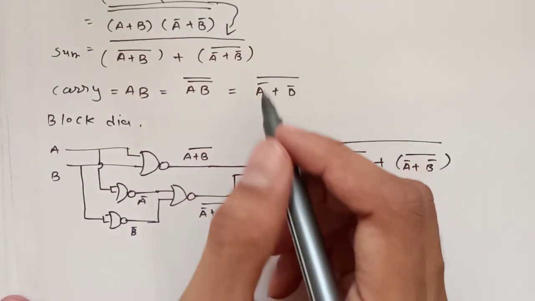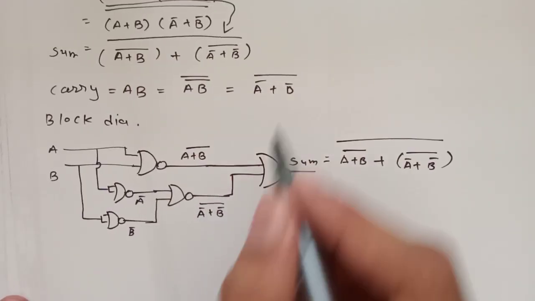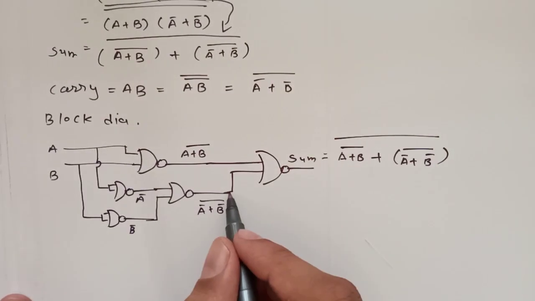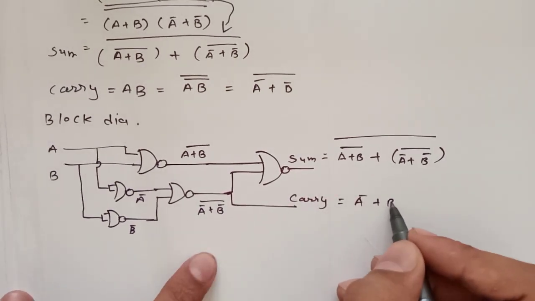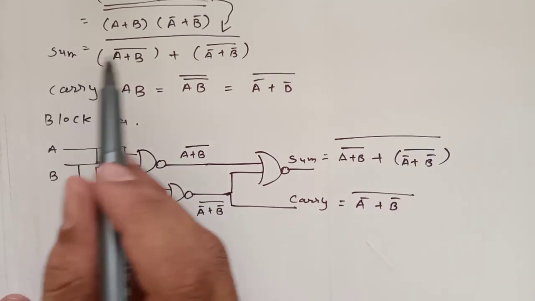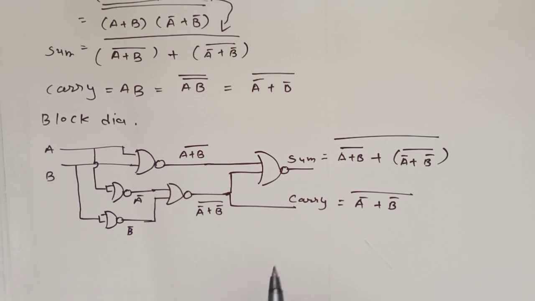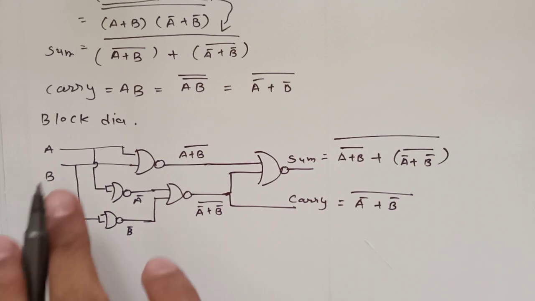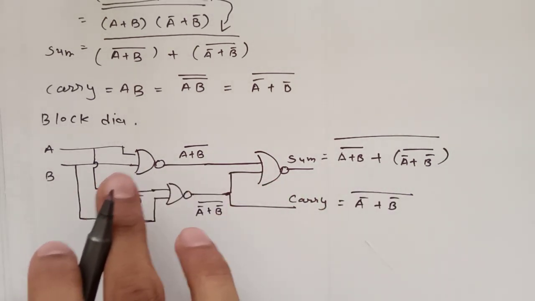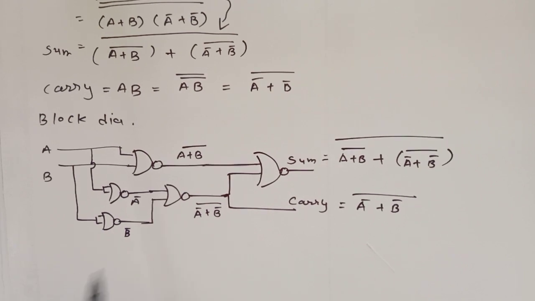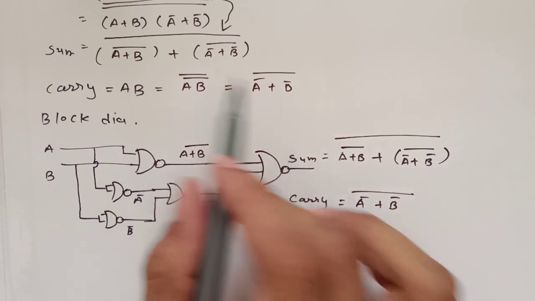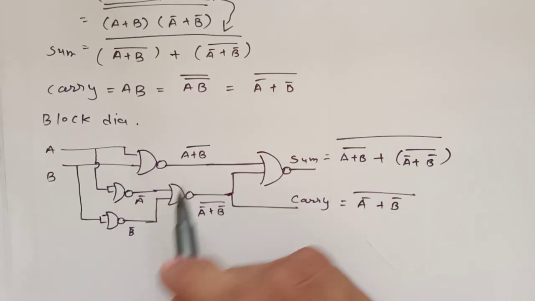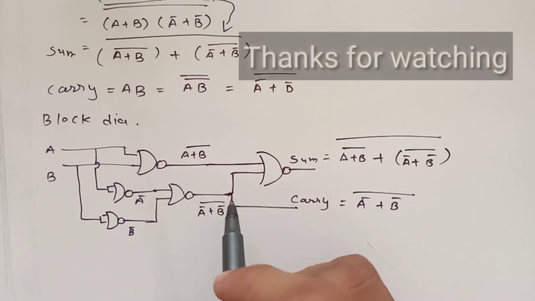Now for the carry output, this is the carry that we already got, and by this point we directly get the carry, which is also used in the sum expression. So this is how we can implement the half adder through NOR gates in a minimal expression way. While you do a practical, this type of circuit might be helpful to make a half adder with minimal gates, so it might be cheaper.